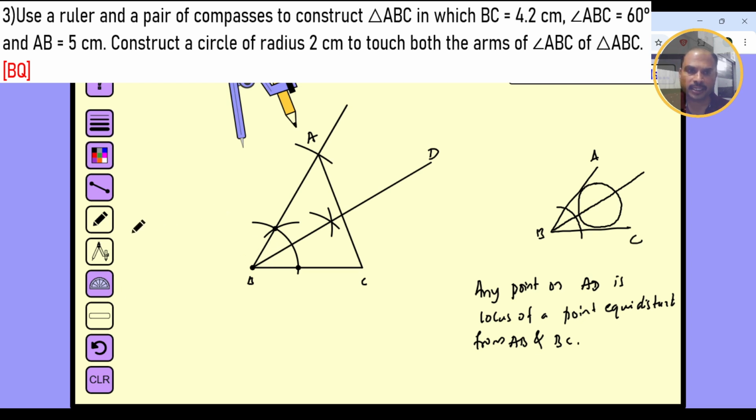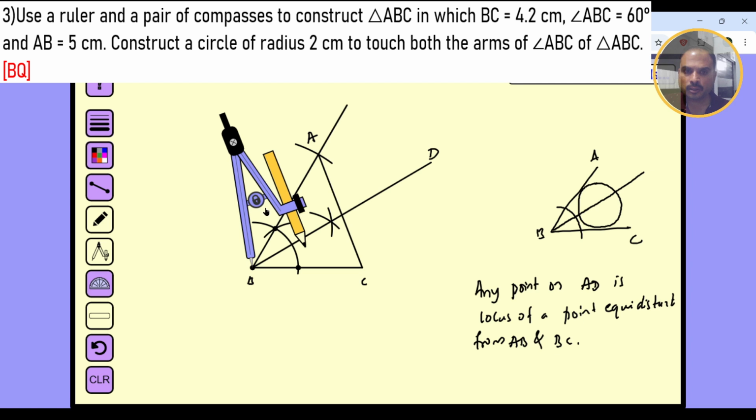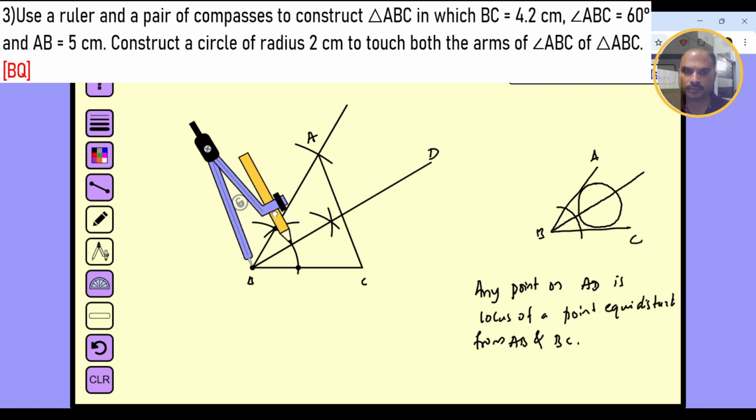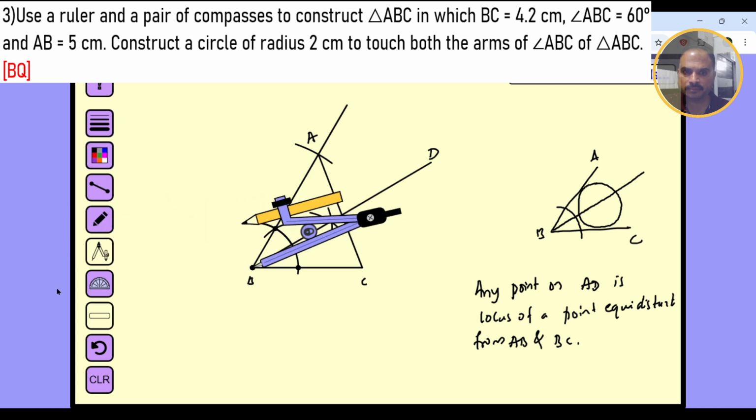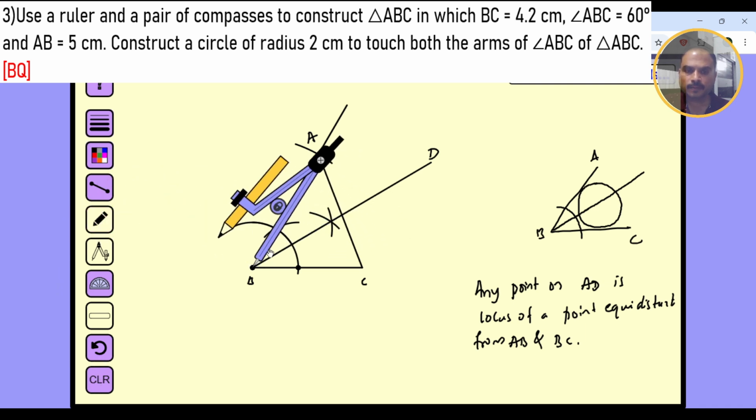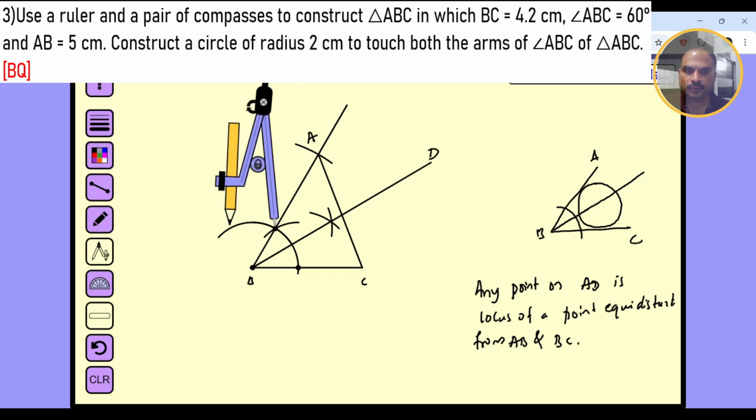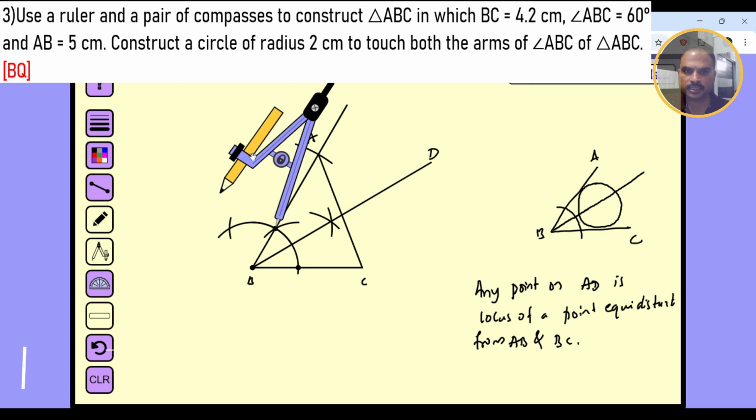So for that I need to draw a line which is parallel to BC at a distance of 2 centimeter. So I'll draw a 90-degree here. Anyhow, I have drawn 60-degree line. I'll just extend this line. 60 degrees already drawn over there. 90-degree I will draw and bisect this angle.